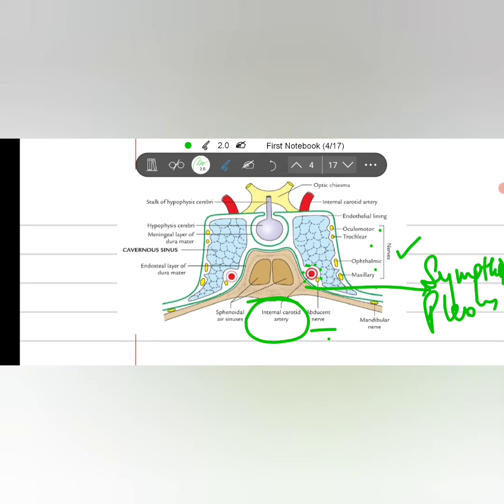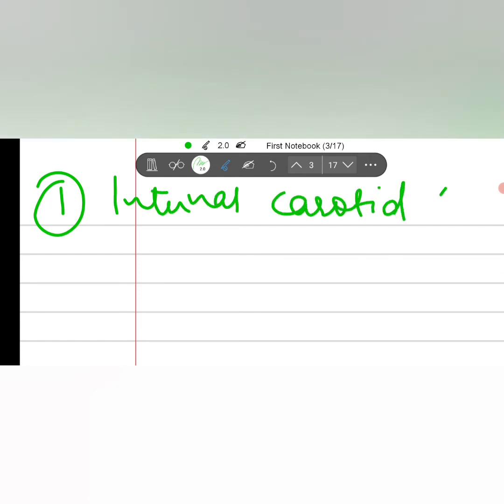Now in detail, first of all, the internal carotid artery. It is surrounded by a plexus of sympathetic nerves and veins. It enters through the apex of the petrous part and passes along the floor of the sinus, lodged in the carotid sulcus of the body of the sphenoid.